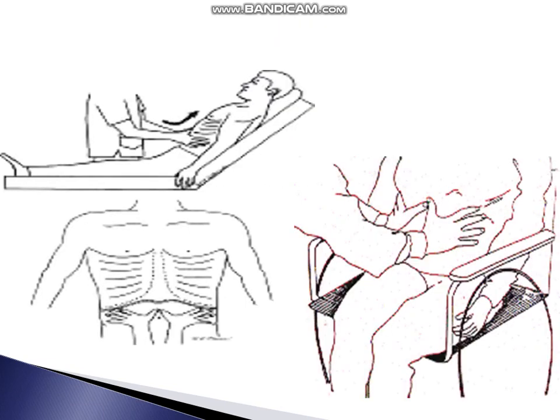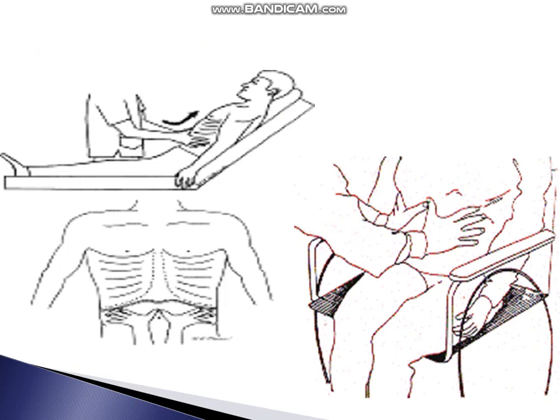You can see the diagram. Here, after assessing the patient's most appropriate position, the therapist instructs the patient to maximize the four coughing stages, that is deep inspiration, closure of the glottis, tightening the vocal cords, increase in intra-abdominal pressure, and forceful expiration against that closed glottis.